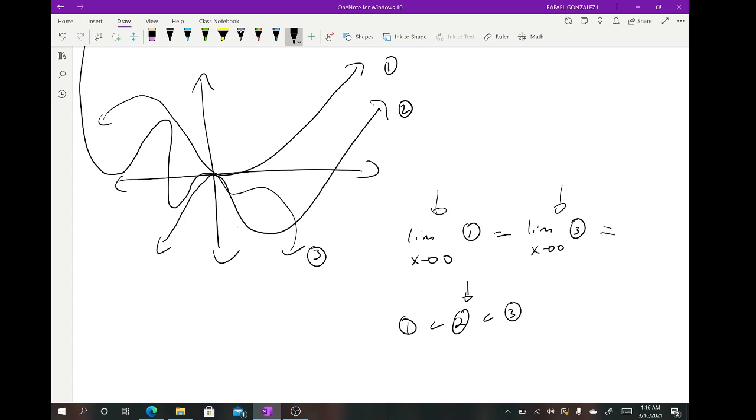It also has to be 0 for this particular point. So you definitely need to review the squeeze theorem.